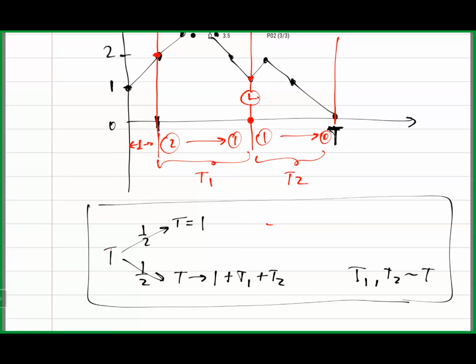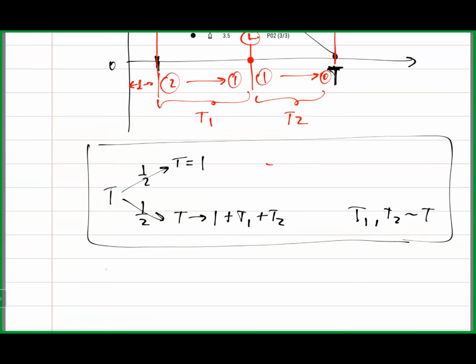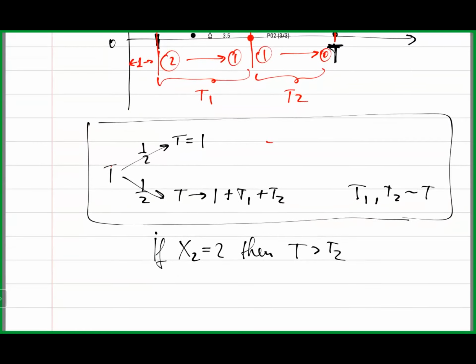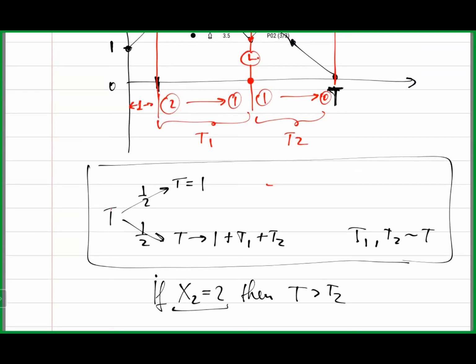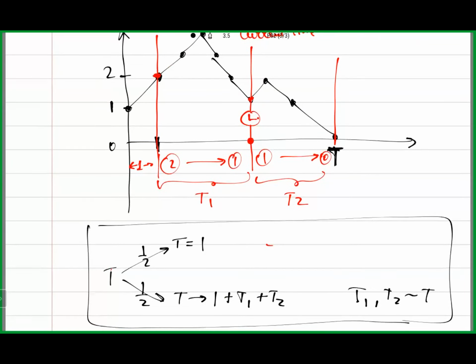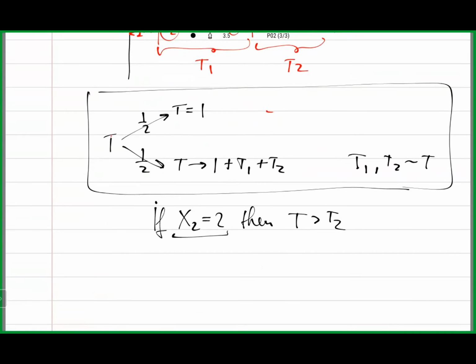On this picture, you see that if x2 is 2, then obviously t is bigger than t2. Hence, this is not the same random variable, but it has identical distribution. Okay, thank you.